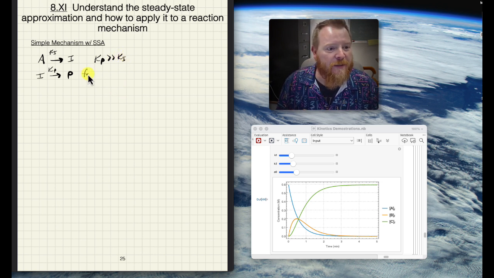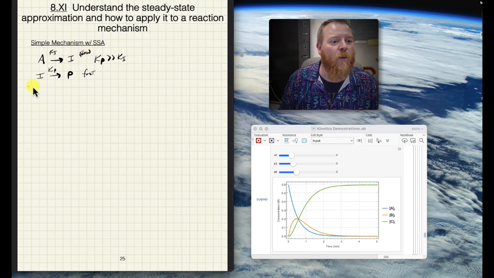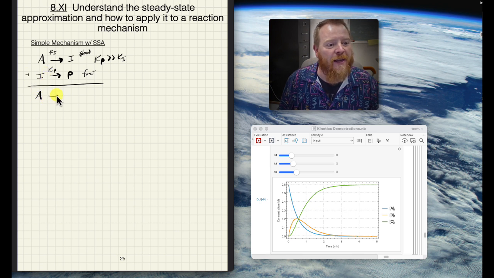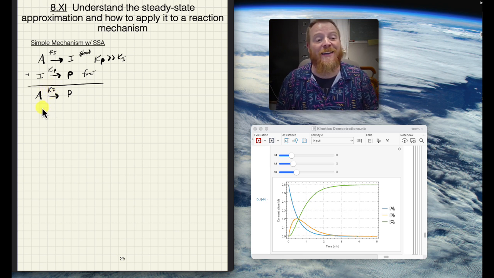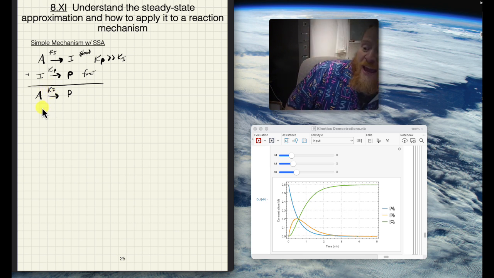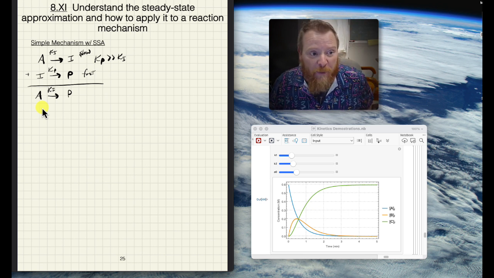This step is fast, and this step is, I was about to write stow, let's write slow. Now when I add these together, it looks like A is just being converted to products, and that's occurring at the rate constant Ki, because Ki is rate determining.